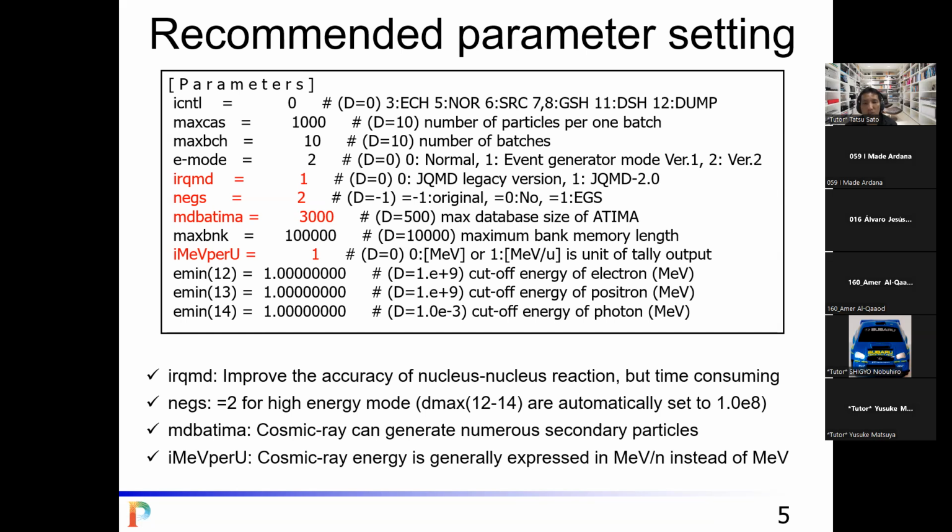So we recommend setting a higher emax, 10 to the 8. If you set negs equal to 2, then the maximum energy of photons, electrons, and positrons is automatically set to 10 to the 8.